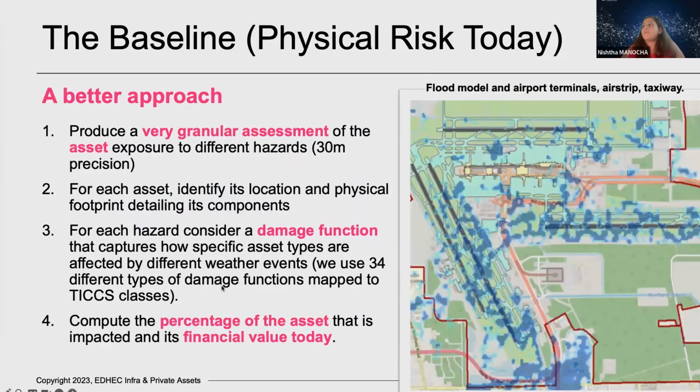So what is our approach to measuring physical risk? Now, when measuring physical risk, we take an extremely granular approach. So we take your asset, we draw a geographic polygon on it, we superimpose this with our in-house hazard models, and then we find at what location, at what precision.